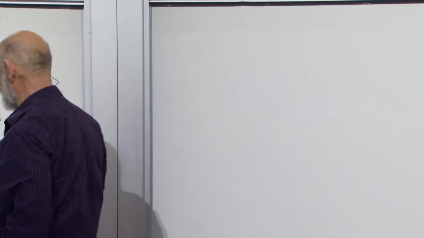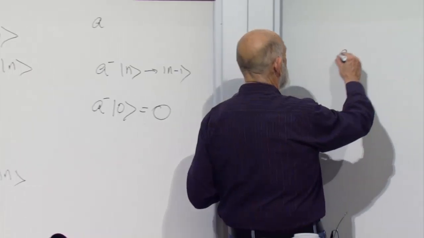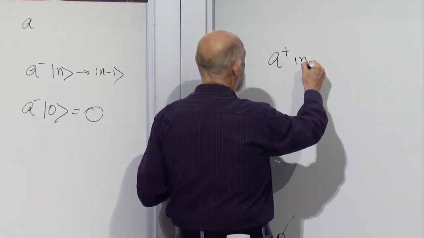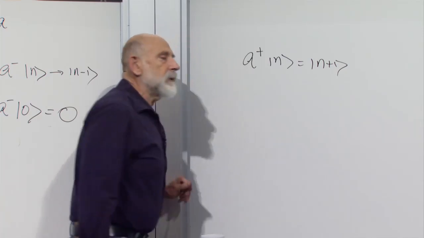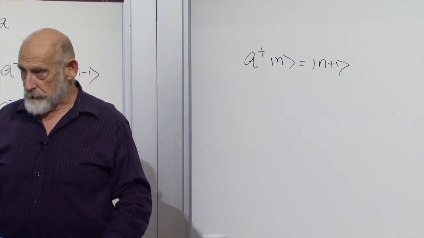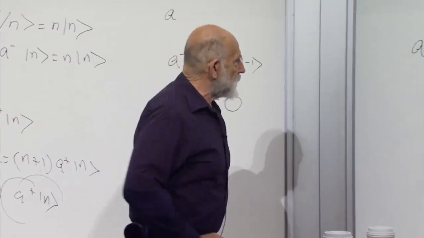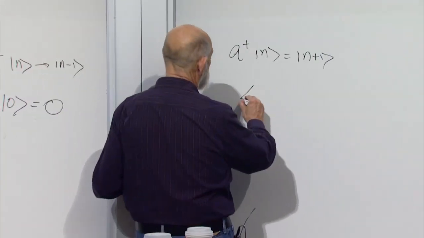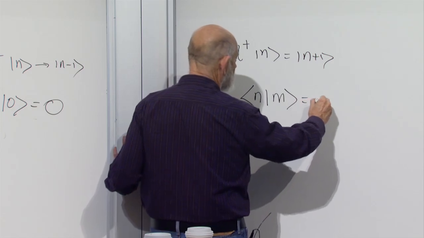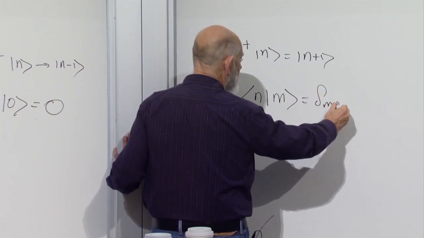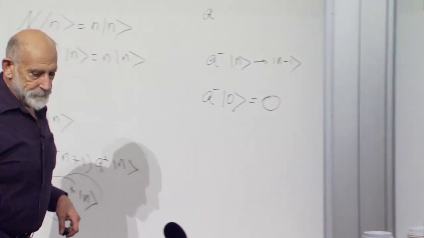I've been a little bit careless. I've written that A plus on n is equal to n plus 1. But I haven't discussed the normalization of these states. The normalization of these states is not n m equals delta nm. There's a numerical factor.